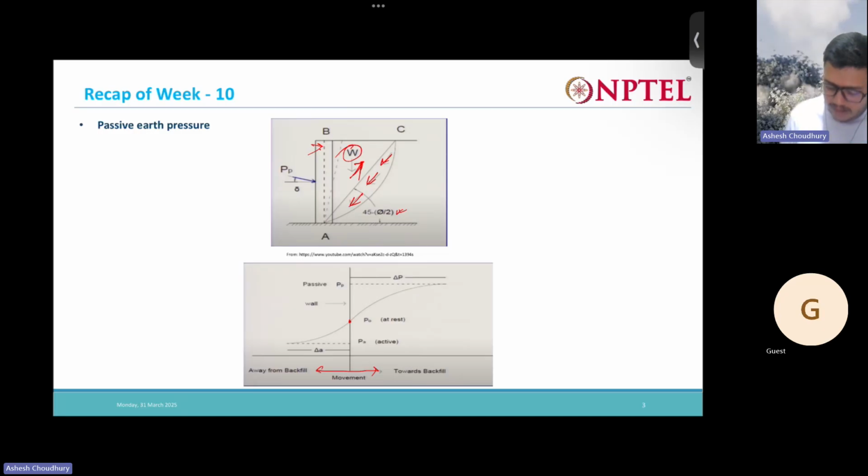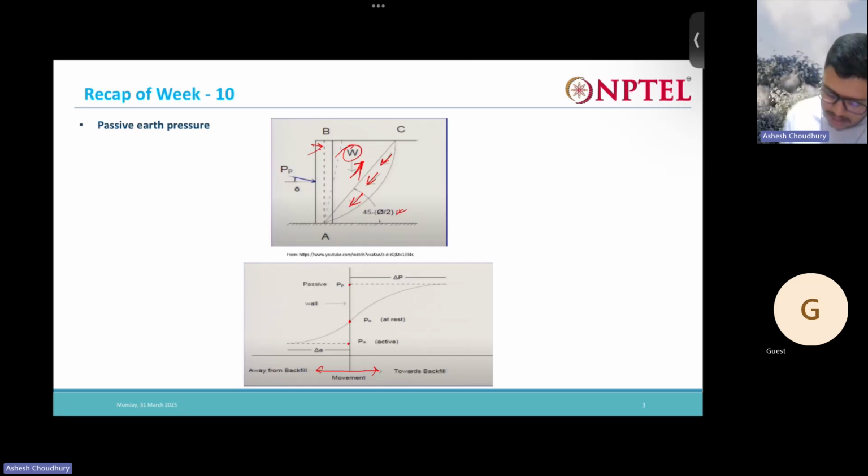Okay, and then when the retaining wall moves away from the backfill, we mobilize the active earth pressure. So the active earth pressure is here. And when the retaining wall moves towards the backfill, you have the passive earth pressure that is here.